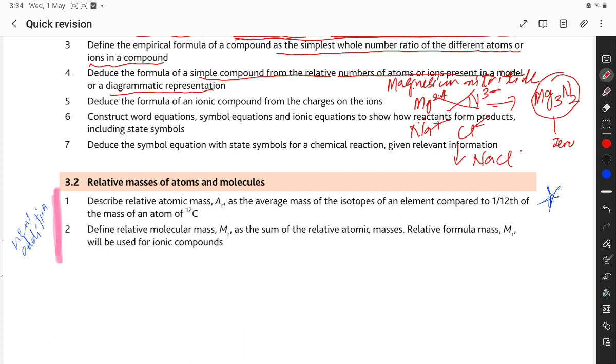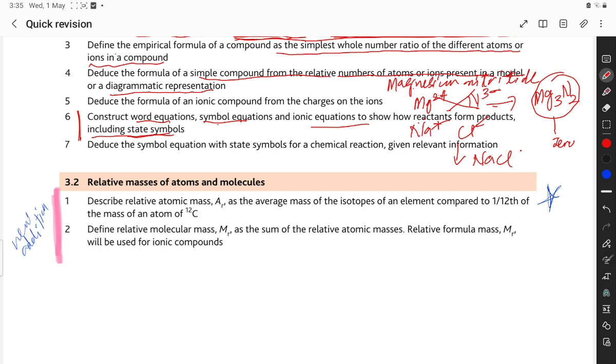Construct word equations and symbol equations. For word equations and symbol equations, you should know the formula and the chemical name of the formula. Ionic equations show how reactants form products, including state symbols. If the examiner asks you to write down state symbols, then marks are given for state symbols, and the question in 23 is asking only about the state symbol.